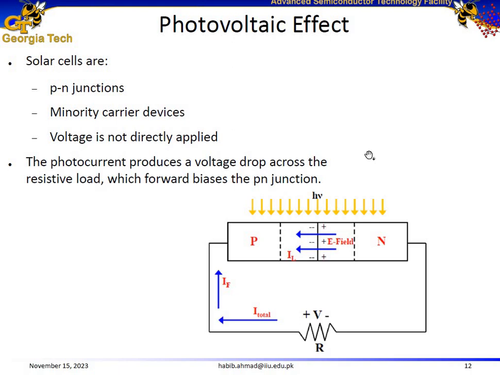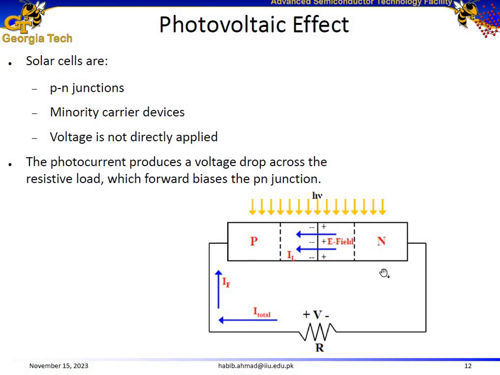In the photovoltaic effect, we already discussed that the input is light. If the energy of this incoming light is greater than the band gap of the semiconductor, it will result in the generation of electron hole pairs. Electrons move towards the n-type layer and holes move towards the p-type layer.